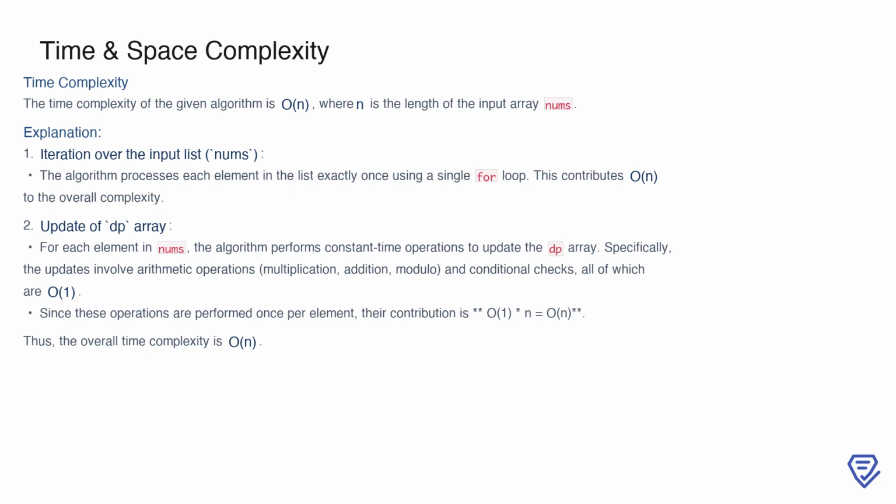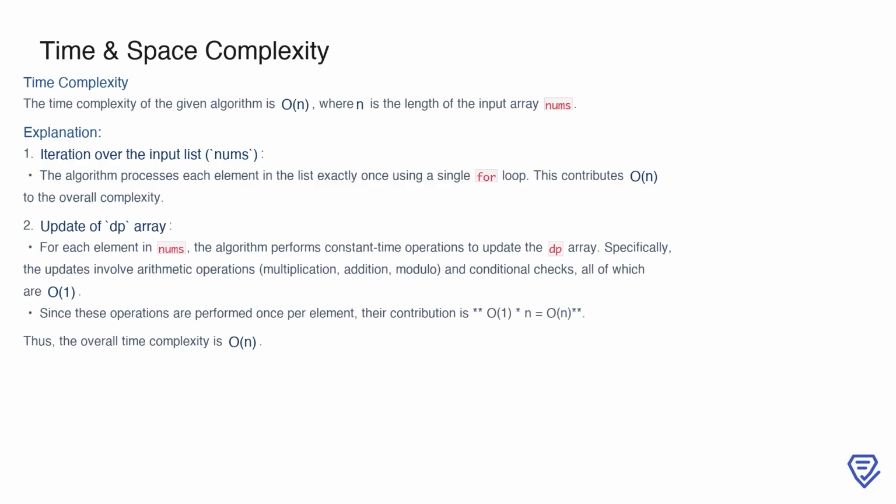The time complexity of the algorithm is determined by the operations it performs as it processes the input array nums. First, the algorithm iterates over the entire array using a single for loop. Since each element is visited exactly once, this contributes n to the overall time complexity, where n is the length of the array. Additionally, for each element in nums, the algorithm updates the dp array.